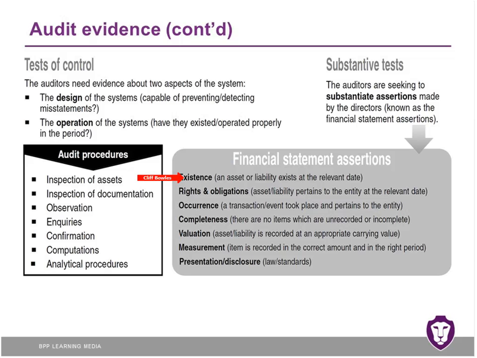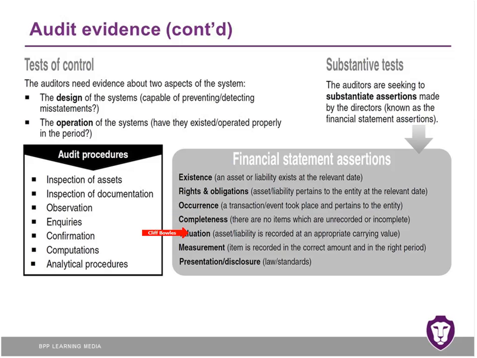The management are asserting that the asset is theirs at the relevant date, so at the date of the annual accounts. If they're talking about a transaction, an invoice processed into the general ledger, they're saying the occurrence took place, the occurrence was complete, there's nothing unrecorded or incomplete.